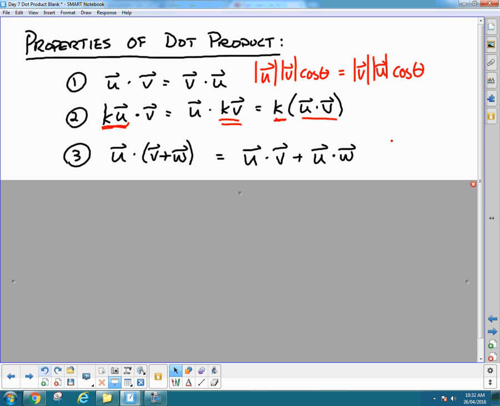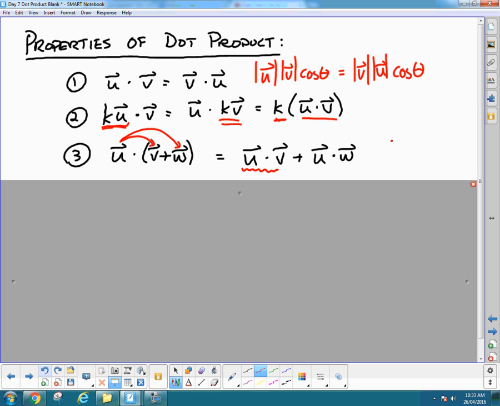Next. Hopefully you'll recognize this as actually kind of like rainbow. Here we have u dot (v plus w). You know the rule for rainbow is that if you have something outside the brackets, it gets multiplied by each term inside the brackets. So the same thing applies here. u can be multiplied using the dot product with v, and then take the dot product with w.